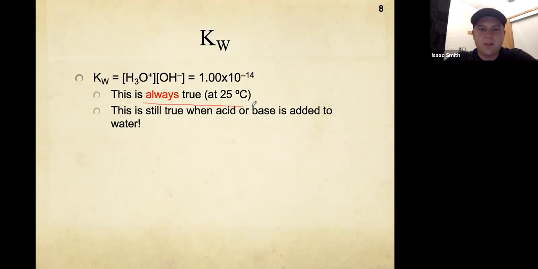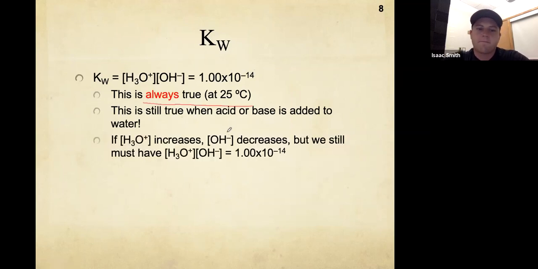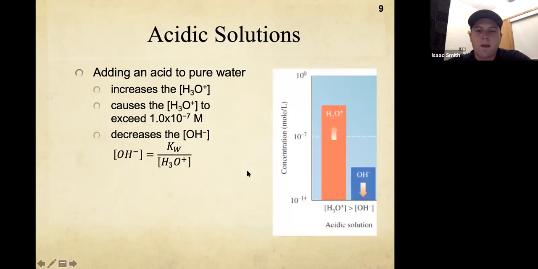Again, this is always true at 25 degrees Celsius. It's still true when you add base or acid to the water, as long as you're at 25 degrees Celsius, okay? The reason this number is always true is that if you increase H3O plus, you're going to decrease the OH minus, but you're still going to have the product of these two equal to 10 to the negative 14, okay?